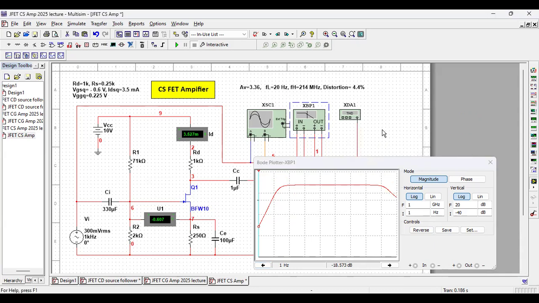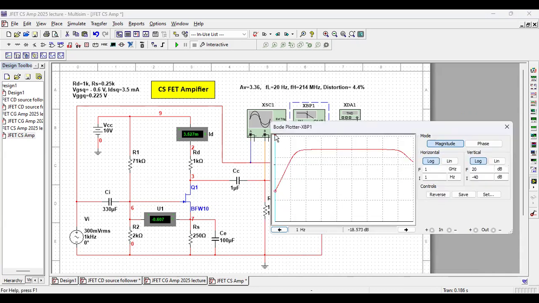The second major benefit is its frequency characteristics. See, its midband gain is 10.711. Let us forget the upper band. It is very, very high. So if we find out the lower frequency, 10.711 minus 3 is 7.711.